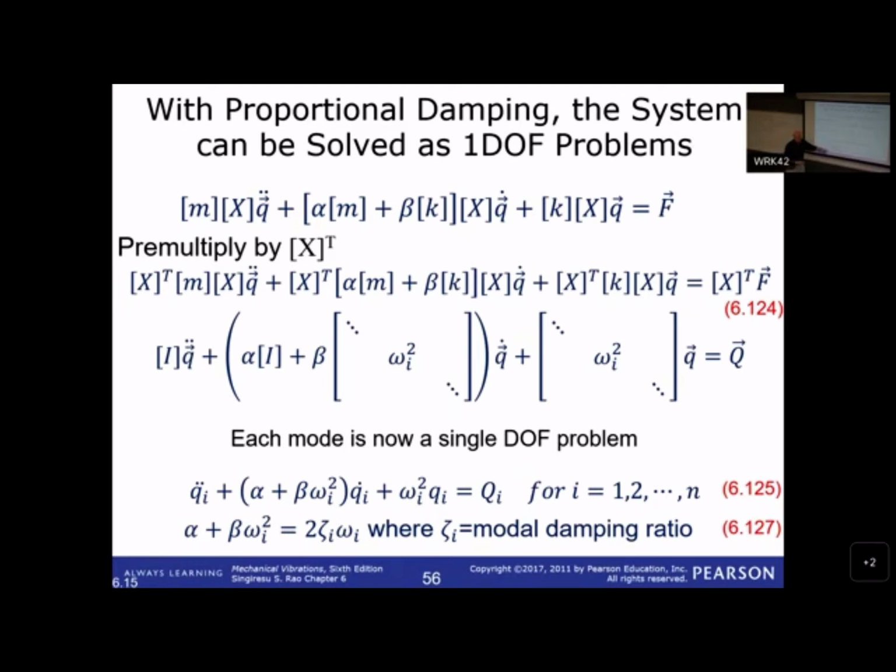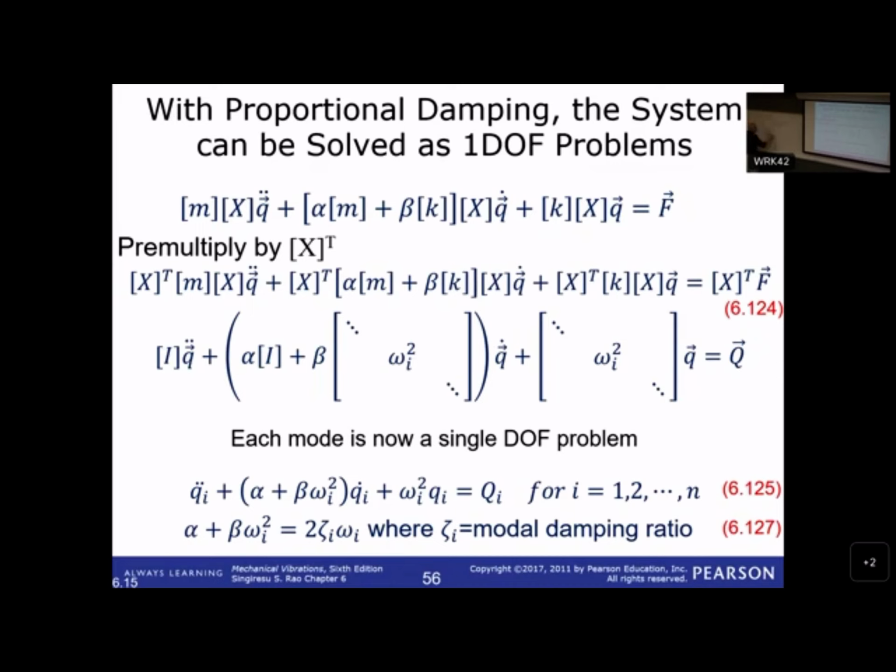What's the natural frequency here for our first mode shape? 1.34. Natural frequency squared is 1.786. So beta times omega I squared, so it's 1.786 is equal to 2 times zeta times 1.34.